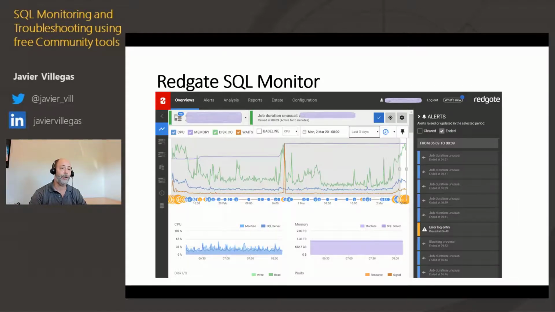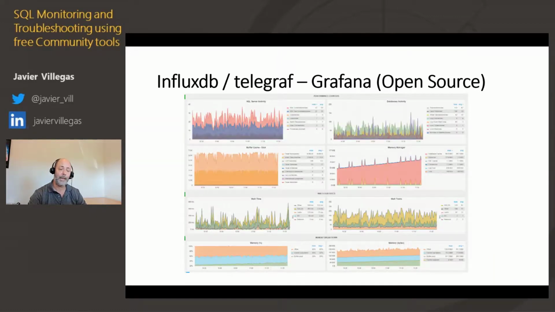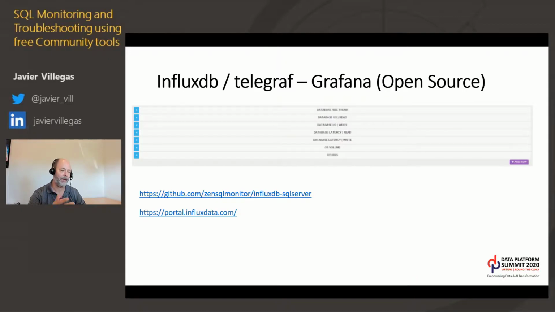This one is not free, it's paid, but it's another option that you may have. And also there is an open source option called Telegraf, InfluxDB, Grafana. It is a combination of different open source techniques and solutions which allow you to do this kind of thing for monitoring purposes and get waits, memory usage, SQL activity, etc. Here you have the links if you want.